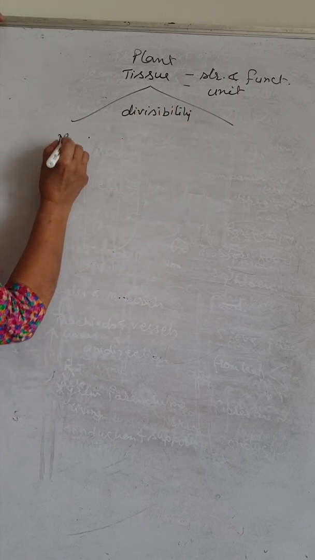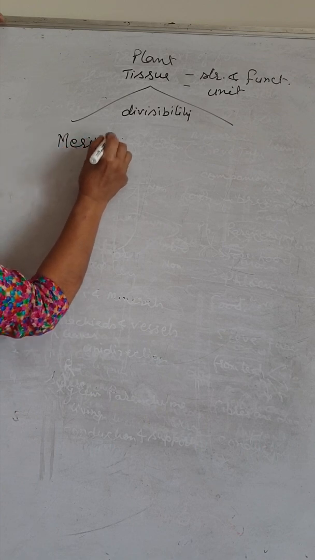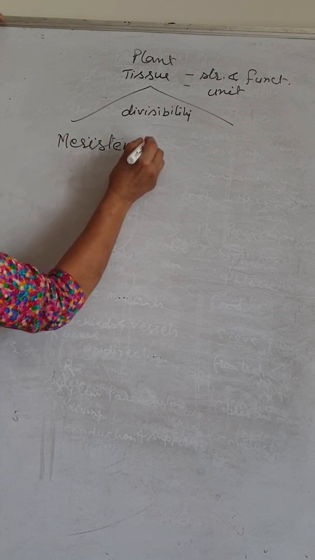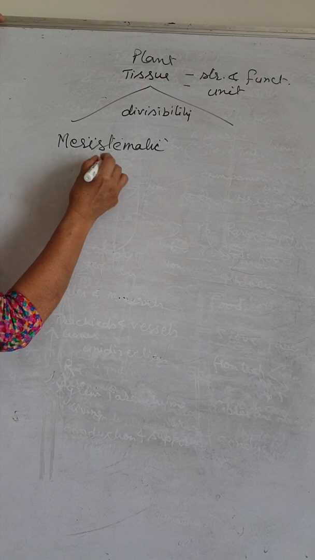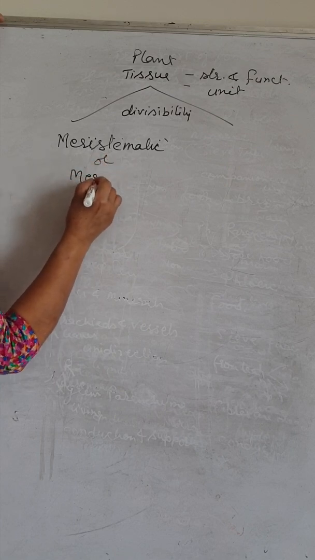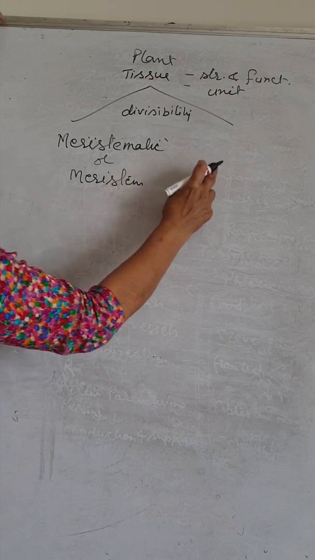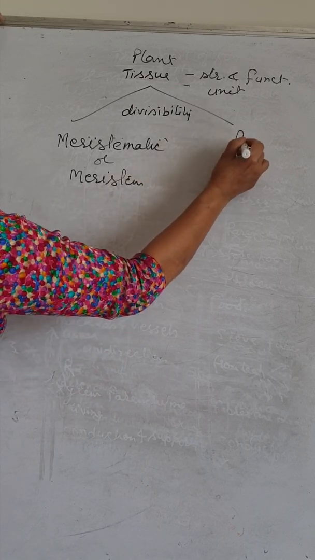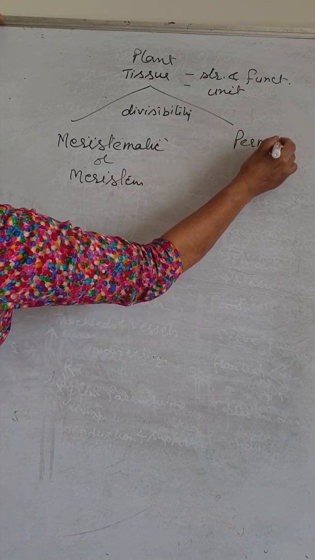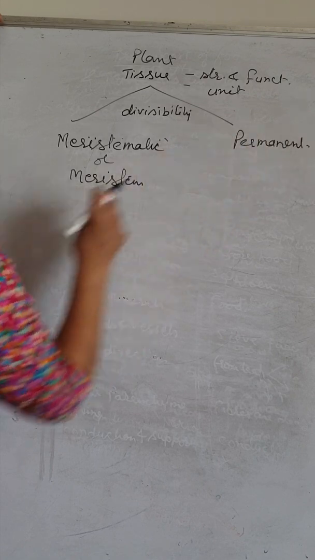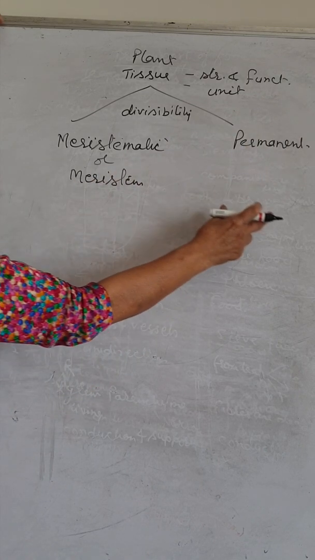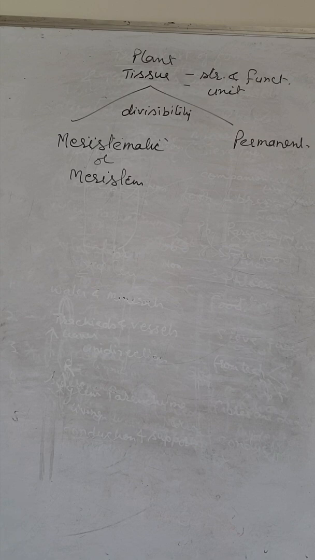The first one is meristematic tissue, or meristem. The second one is permanent tissue. Meristematic tissues and permanent tissues.